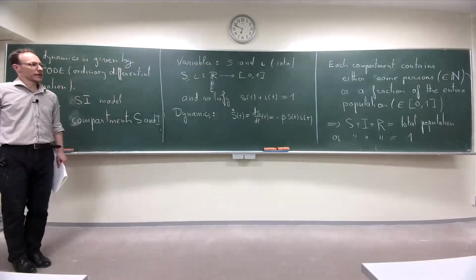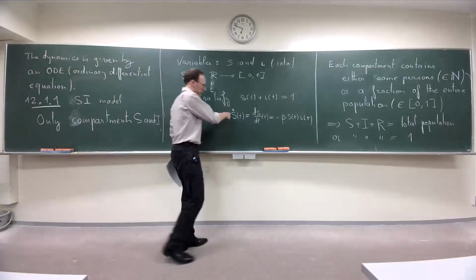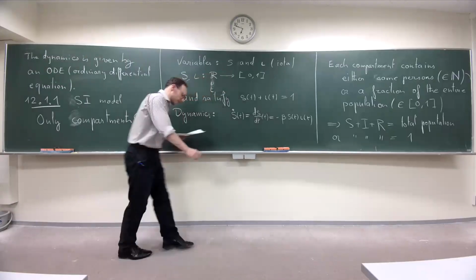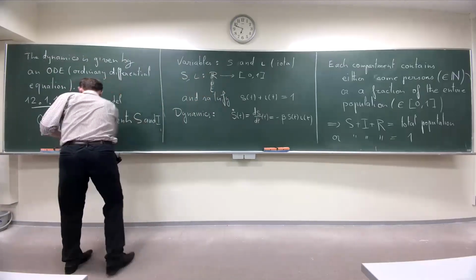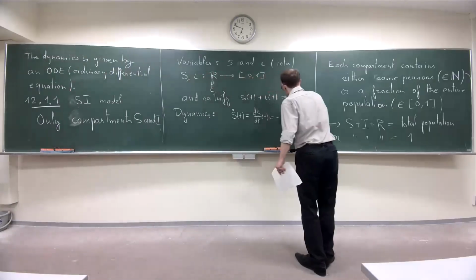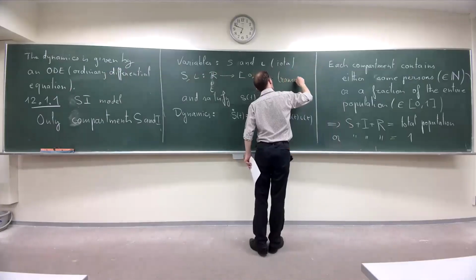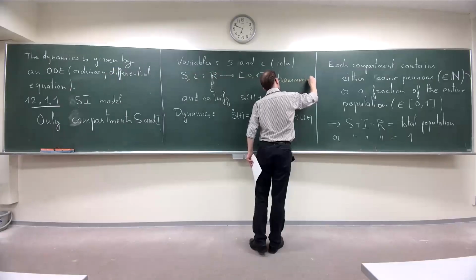This is a model. It says that the change of susceptible is given by a coefficient, and this coefficient is called the transmission coefficient. So beta is called the transmission coefficient.